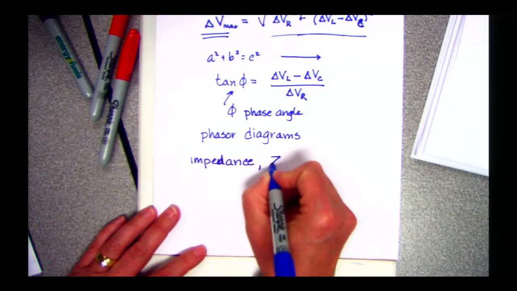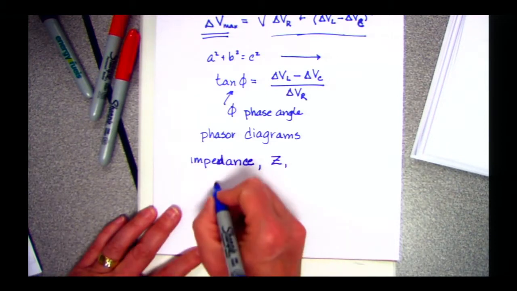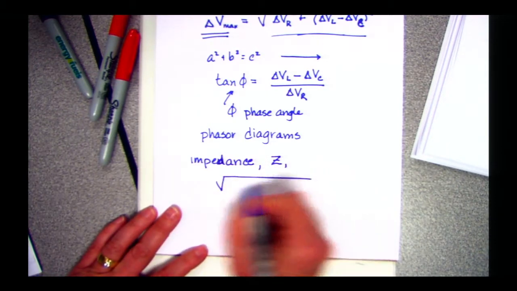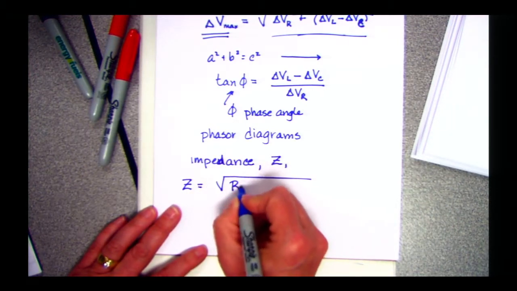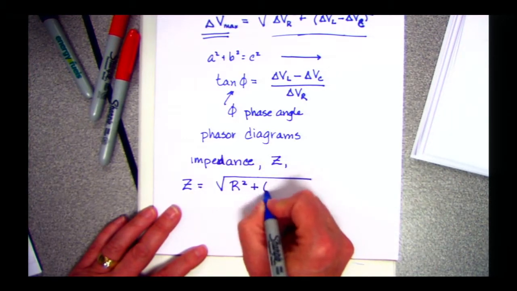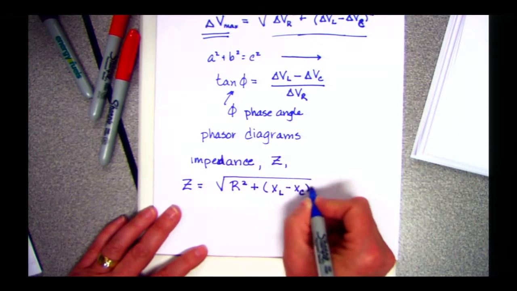And we give it a lovely letter Z to do it. My impedance is going to be defined as the square root of the resistance squared plus (XL minus XC) squared.